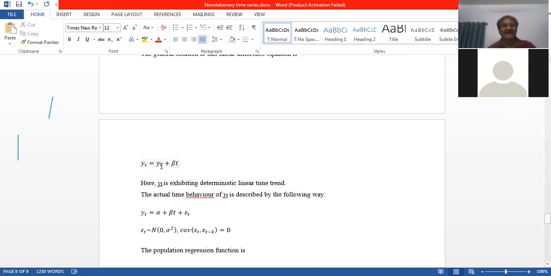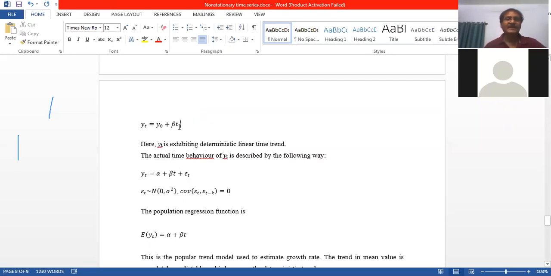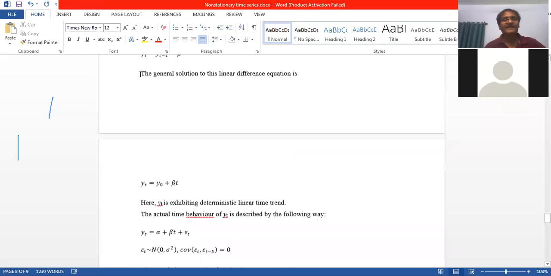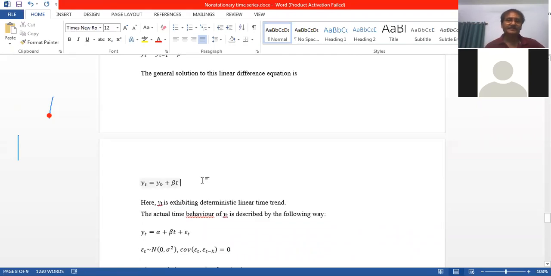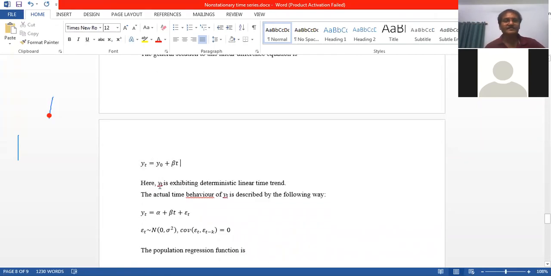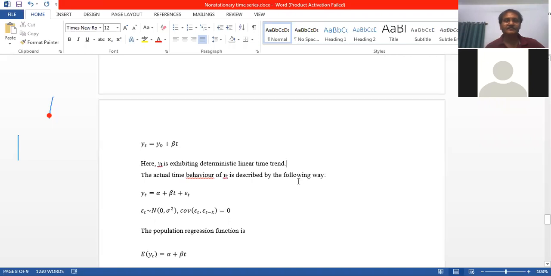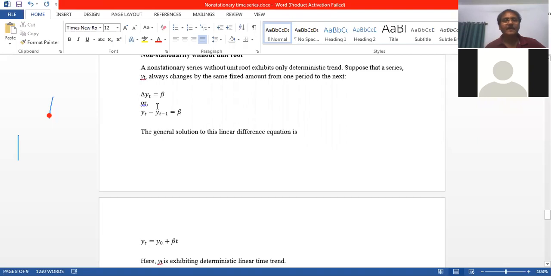So if beta is greater than 0, beta is positive, you have an upward rising straight line with intercept y naught. If beta is negative, you have a negatively sloped straight line with intercept y naught. Okay. So when y changes at a constant rate, we can express this y in this format. This form is called yt exhibiting deterministic linear time trend. Okay. So this is the theoretical behavior of yt.